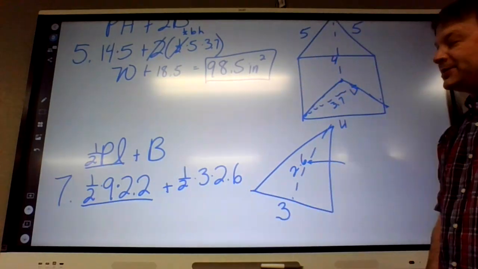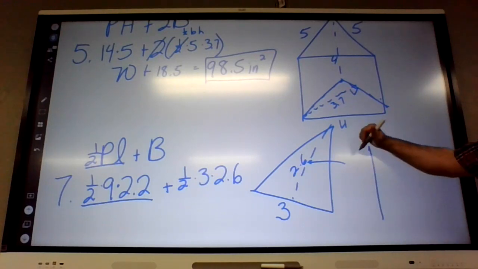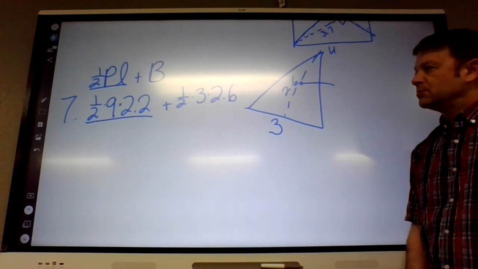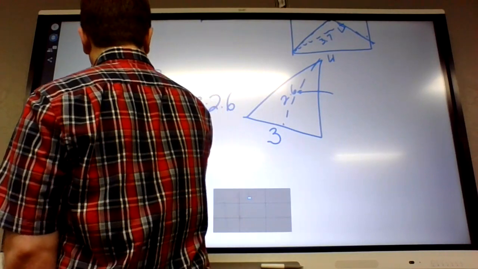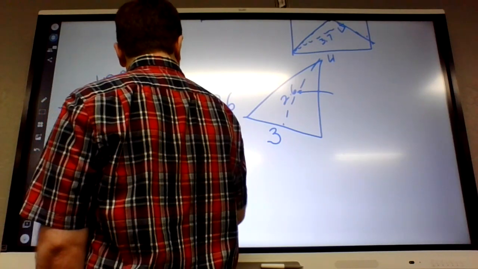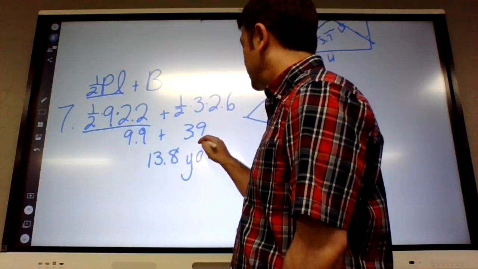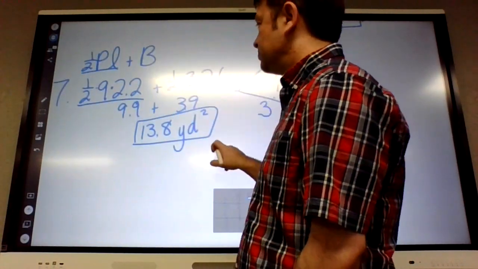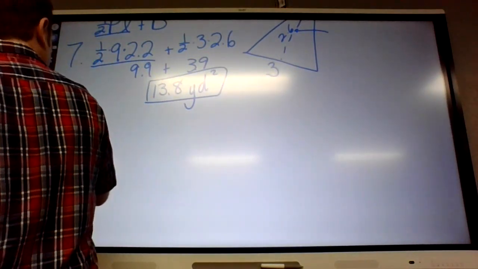Unlike the last problem, there's only one base, so we do not multiply by 2. So that would be 13.8 yards squared. Did I label the last one?